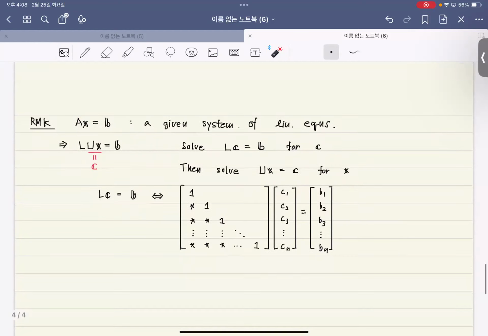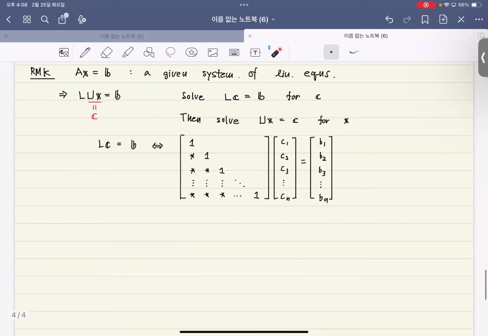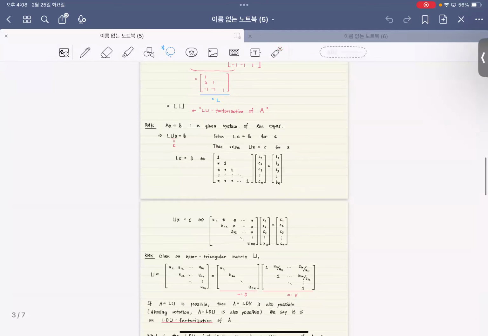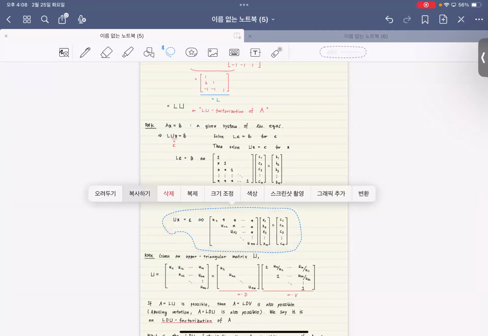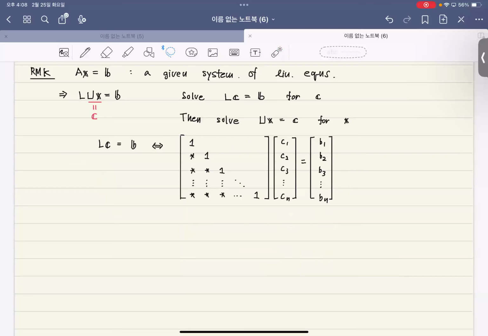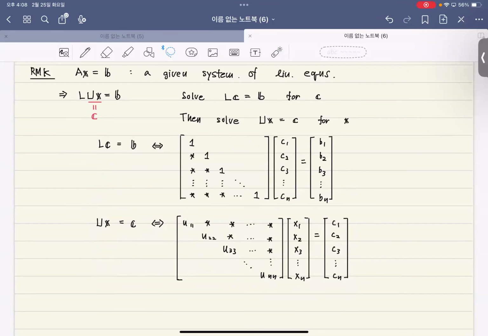This is nothing but applying the substitution twice. So you apply substitution once here, and another substitution there, and that's it. This is how you get the solution X. Okay. All right.